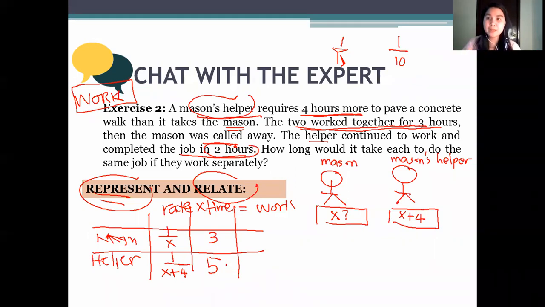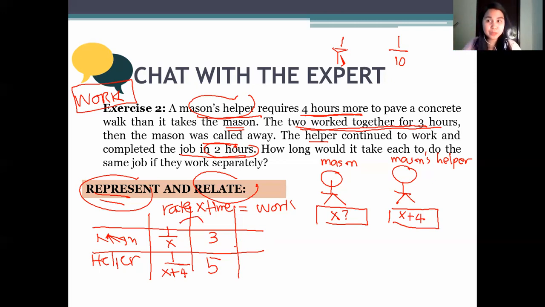But in the problem, the mason helped first, then he left the helper, and the helper completed the work by himself. Next, in the third column, in the work column, we need to multiply rate and time. So, how to multiply fractions?